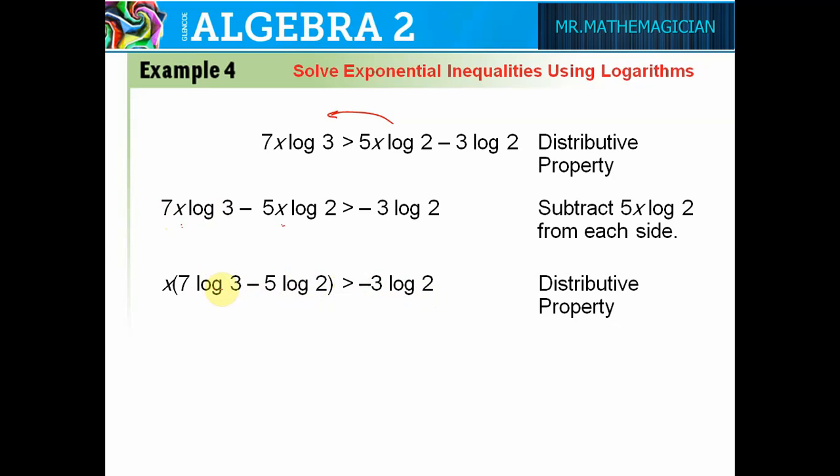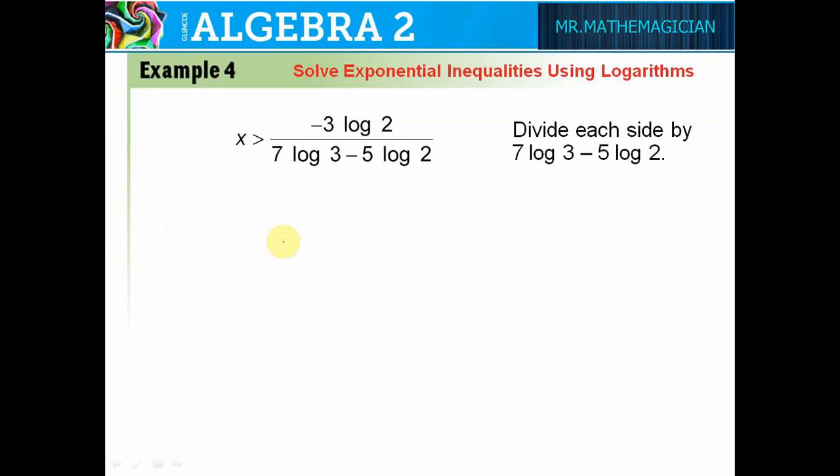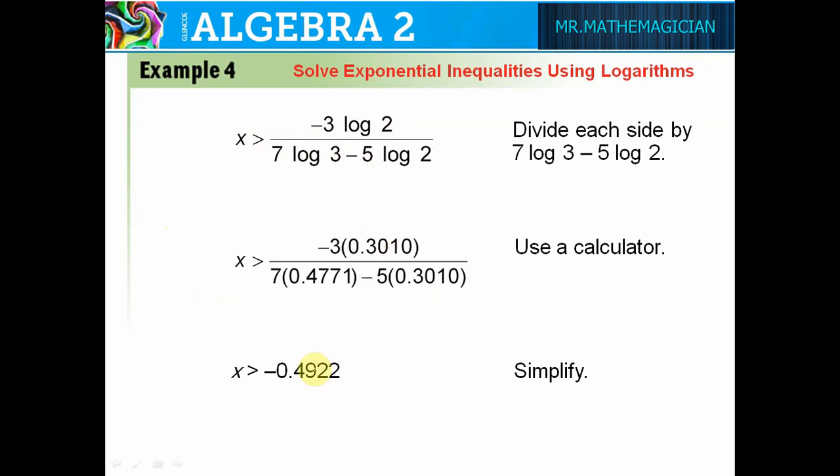No worries now because this is a number. All of this bracket, it's a number. We can divide by it. So x is greater than negative 3 log 2 over 7 log 3 minus 5 log 2. We can use calculator for this one to get x greater than negative 0.4922.